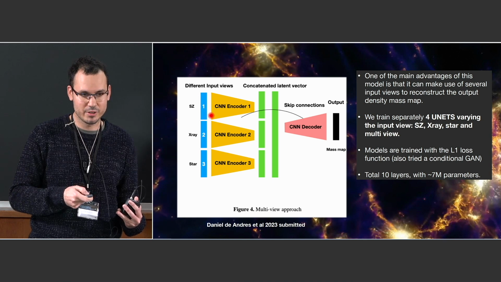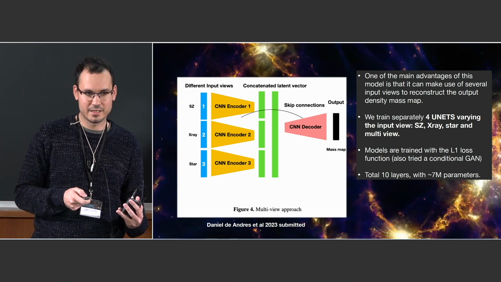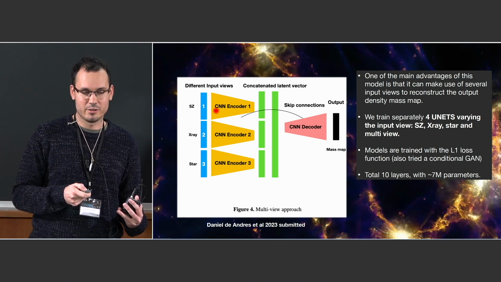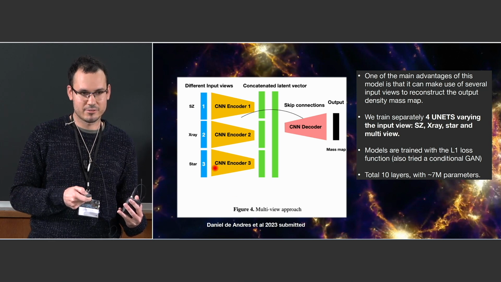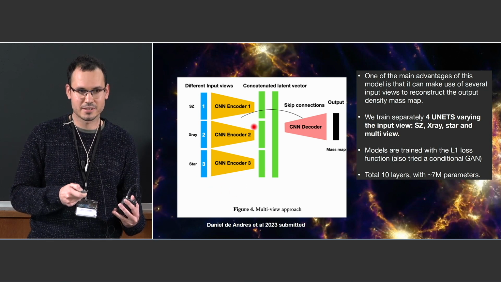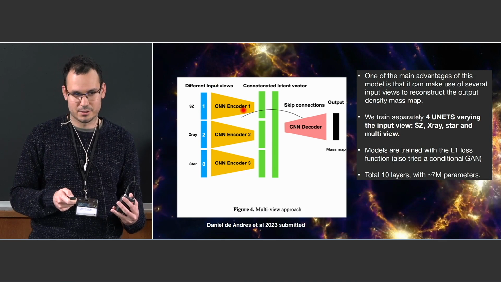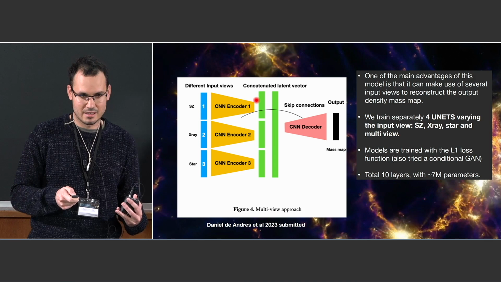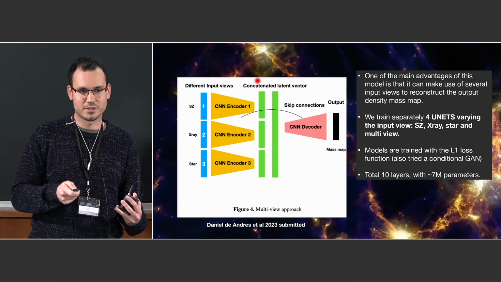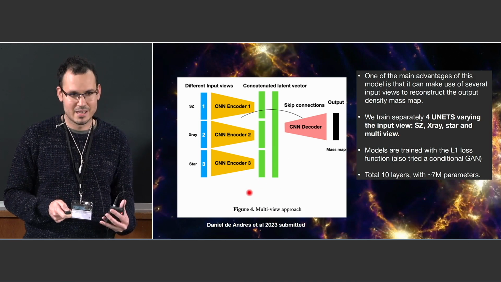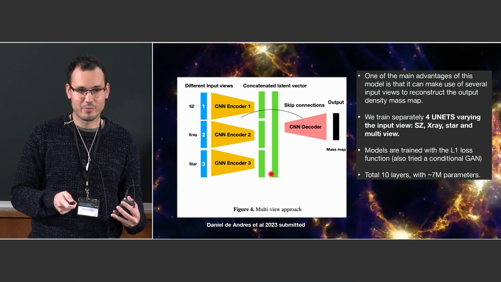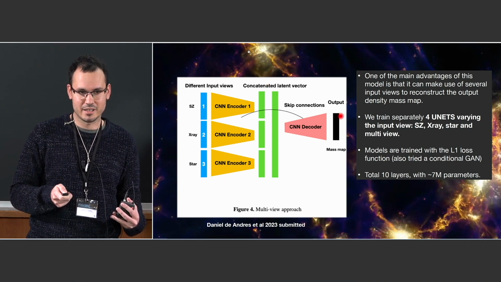What we did is to design one encoder per input view: SZ, X-ray, and stars. We have 3 encoders. All these views are flattened to a latent vector, and in the latent space we concatenate this information, and then we have one decoder to get the output.